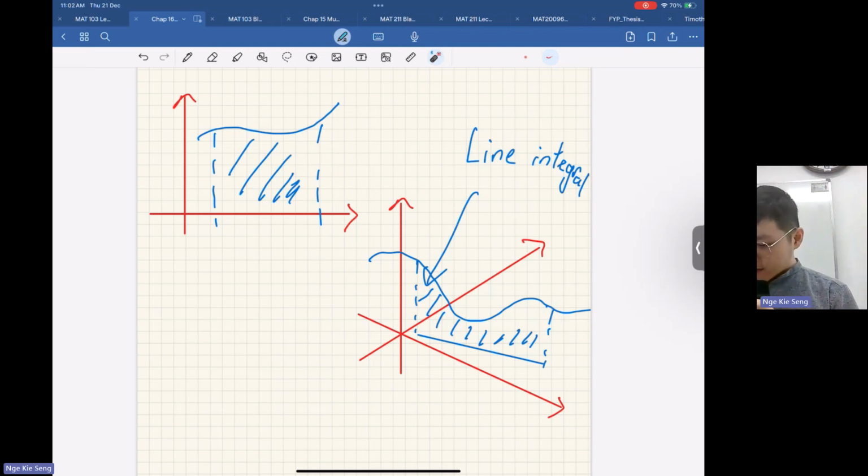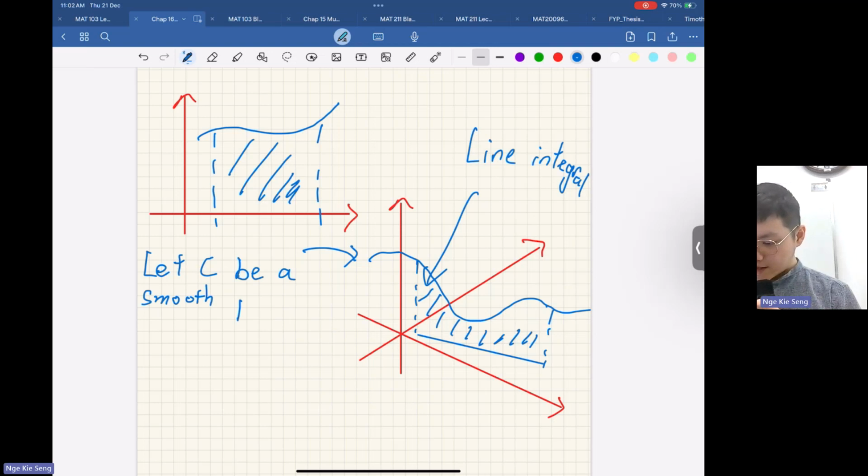So let's say C is a smooth plane curve, or last time we called it a space curve, defined by x equals x(t) and y equals y(t).